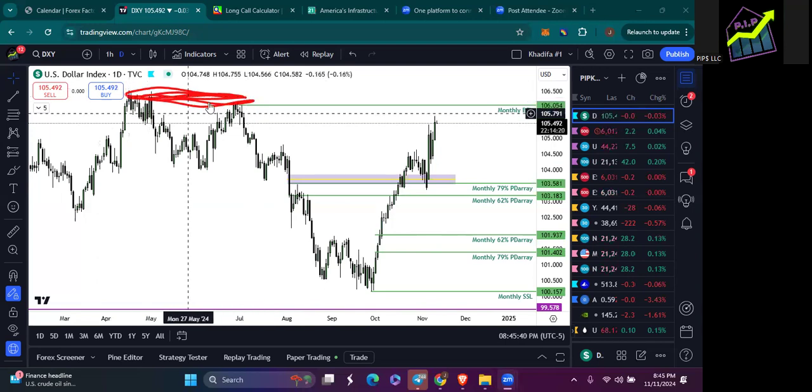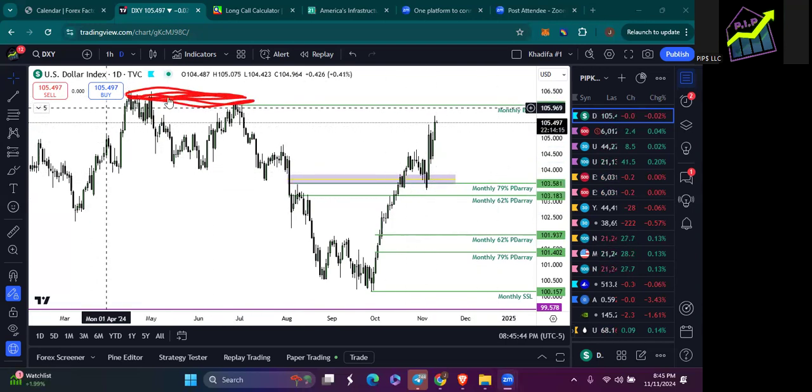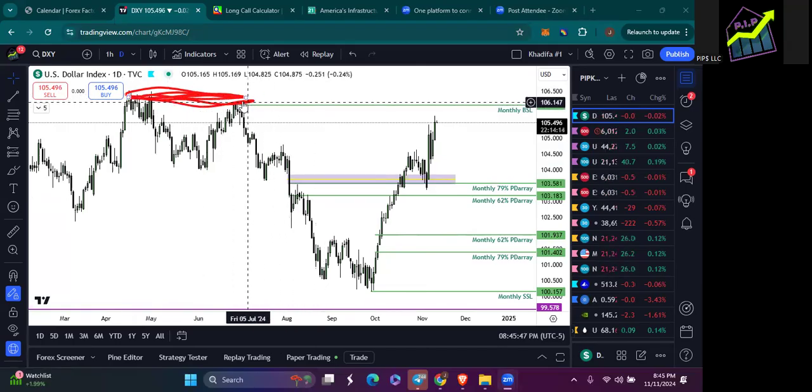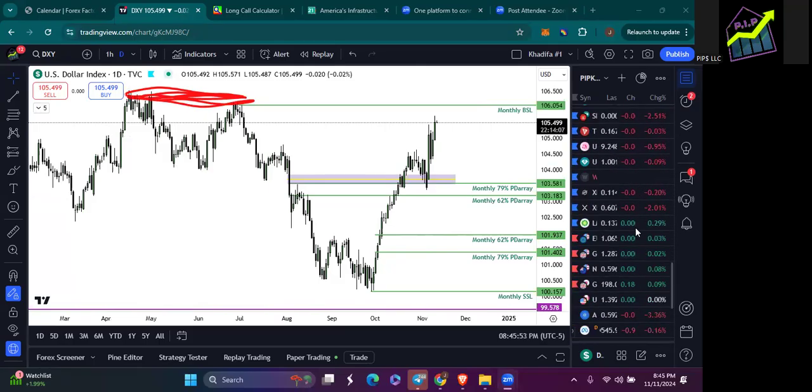Being that I want to see price for the dollar run higher up into this monthly buy side liquidity, I expect currency pairs to run lower.